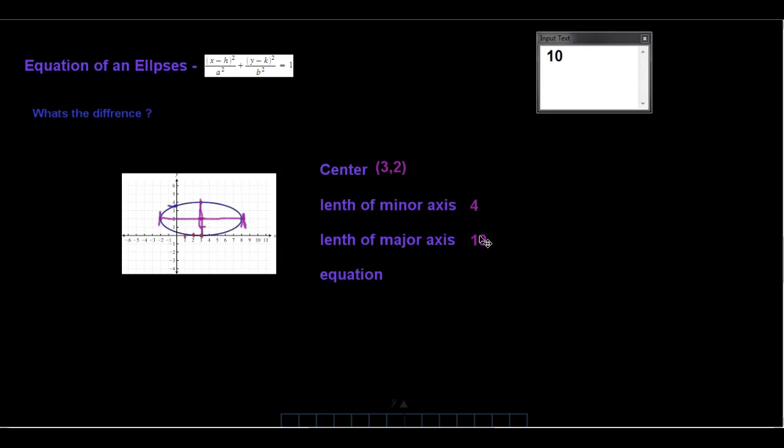Now we actually have enough information to form the equation of this ellipse. We know the center is at (3, 2), so let's start our equation. You can see the equation up here.